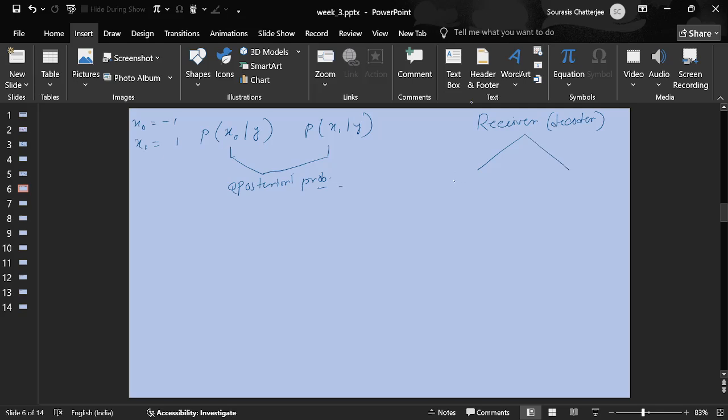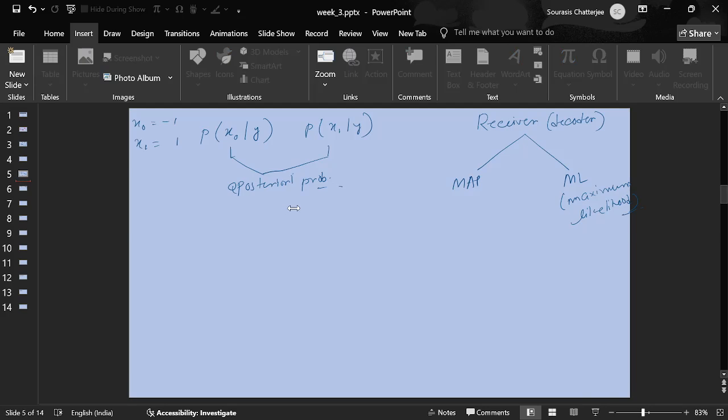Let's say we talk about MAP here and ML here. MAP we have already seen. ML is just maximum likelihood. We'll come to that. What does it mean? So when the question mentions the MAP threshold, we should understand what it means by MAP receiver.